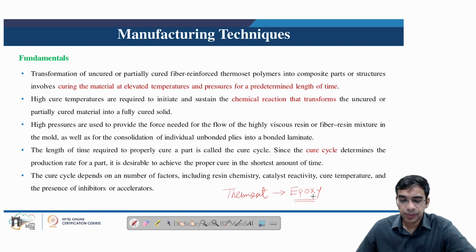For this proper flow of the resin, high pressure may be needed, and this high pressure may also be needed for consolidation of the various individual unbonded plies into a bonded laminate.